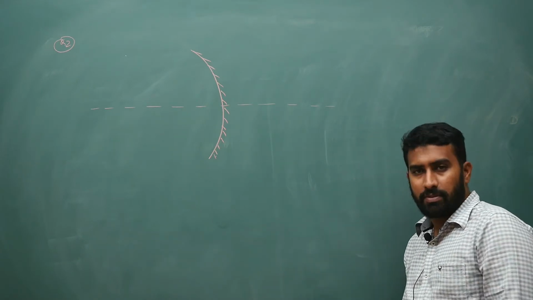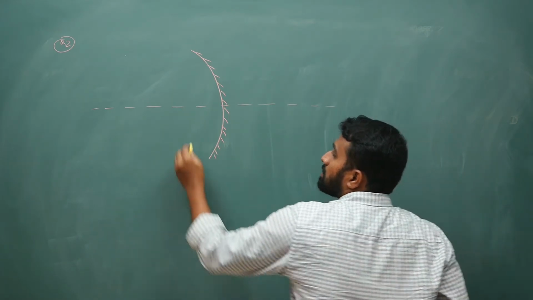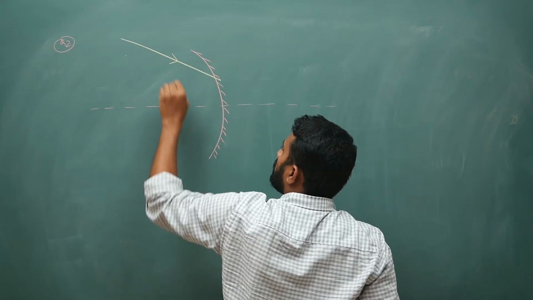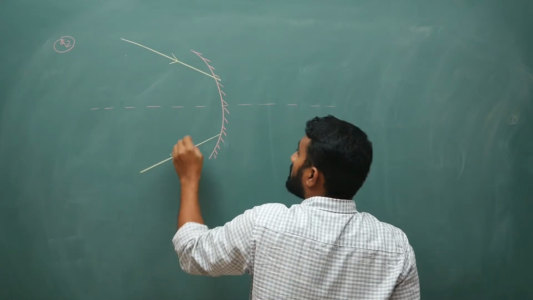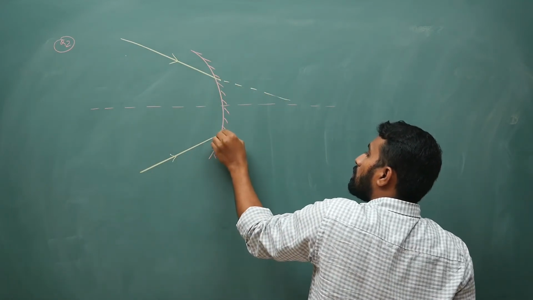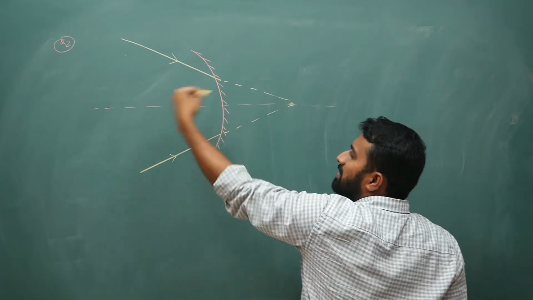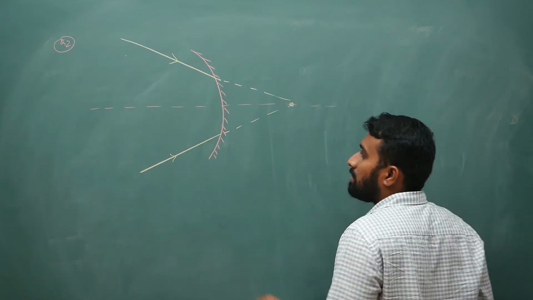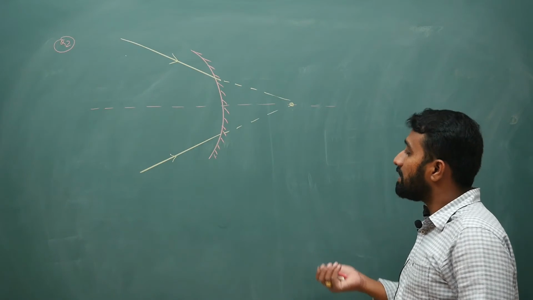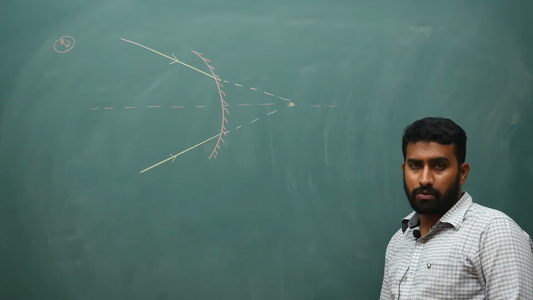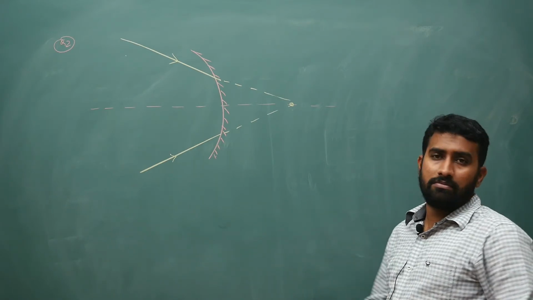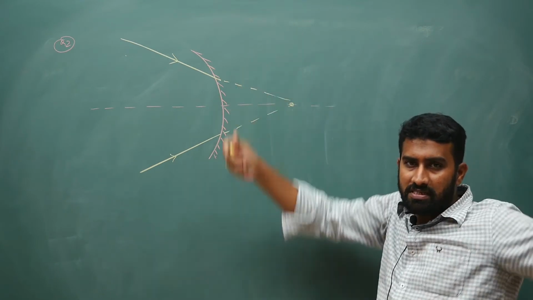What is happening is, two rays are coming like this and they are about to join. In between only you have the mirror. So this is indirectly your virtual object. Previously I told you, from somewhere, from a long distance, some rays are coming.